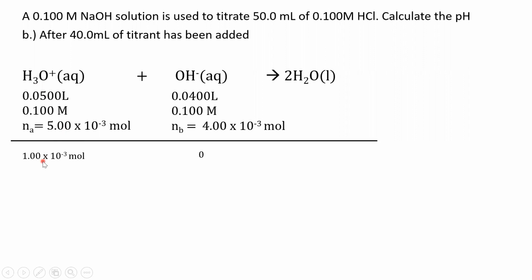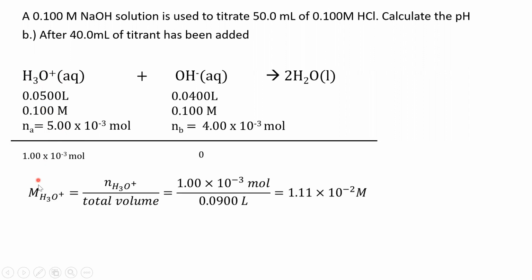Well, what we need to do then is calculate the pH of this new solution. We can calculate the molarity of the hydronium ion, and then we can calculate the pH of the solution. Now, how do we calculate the molarity? Well, it's moles over liters. Here's the number of moles of hydronium that didn't react because the hydroxide ran out.